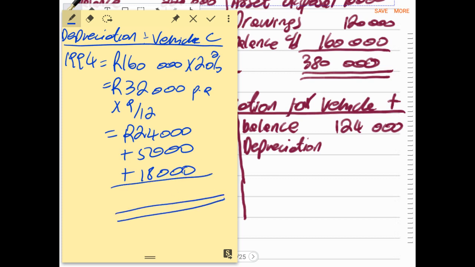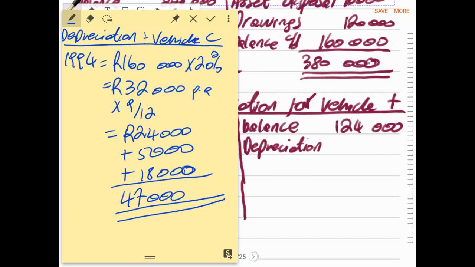Depreciation for the current year for A was 5,000, for B it was 18,000 rands. We plus 5,000 and plus 18,000 rands, and that will give us an amount of 47,000 rands, which is the total of all these three depreciation for the current year.